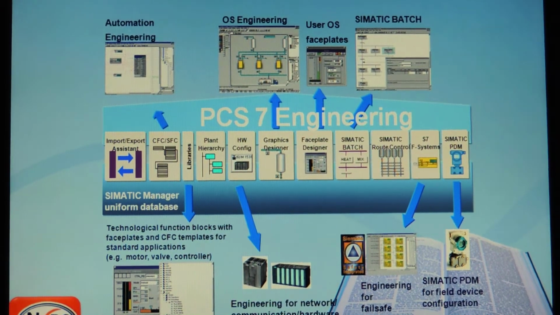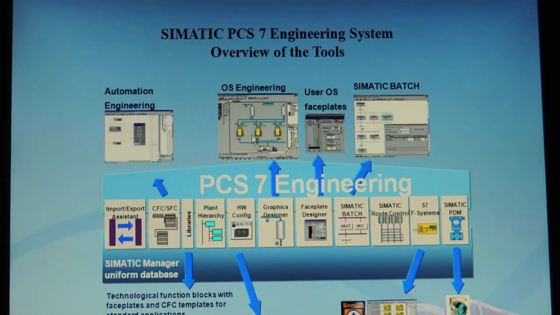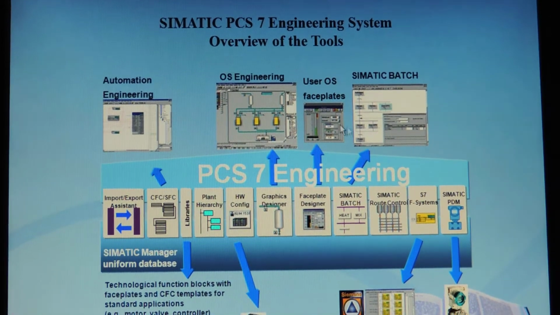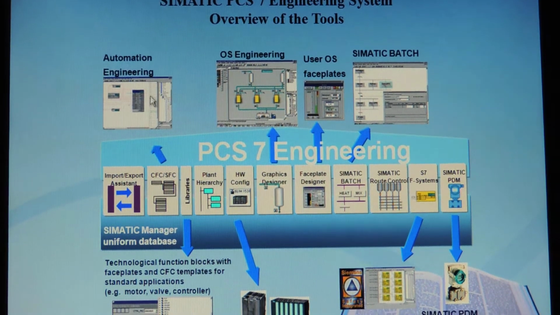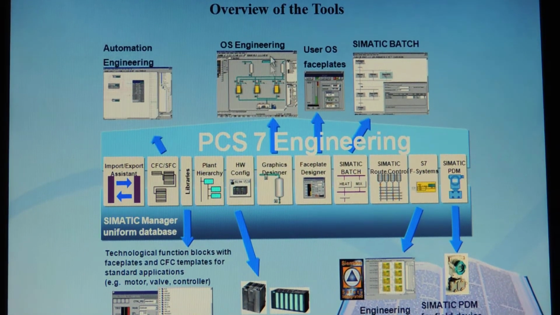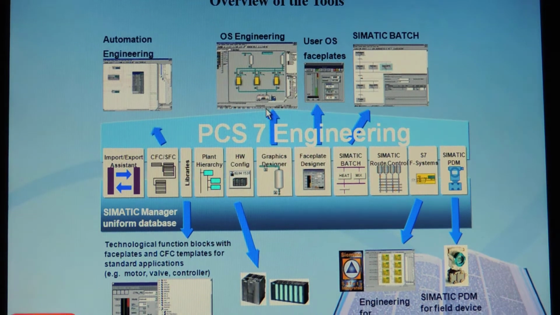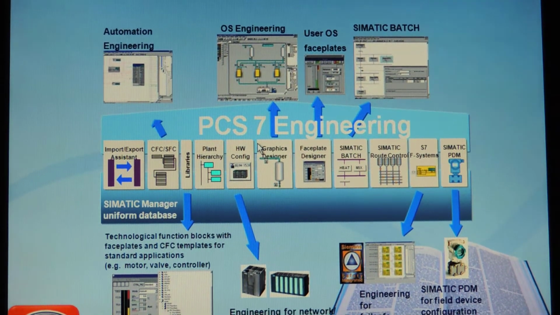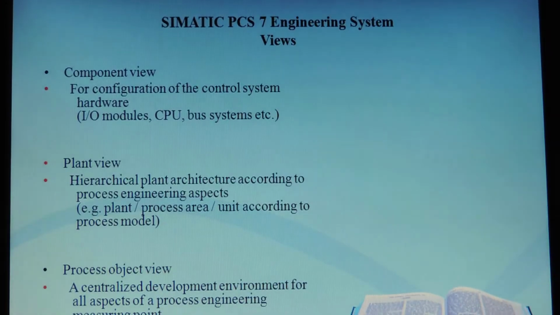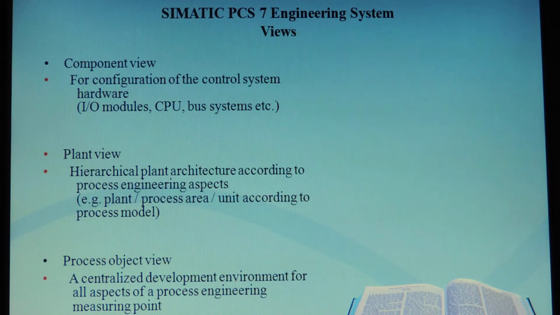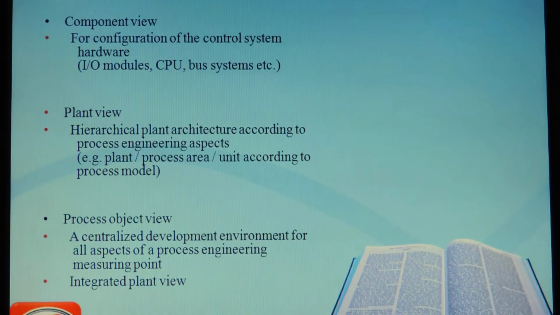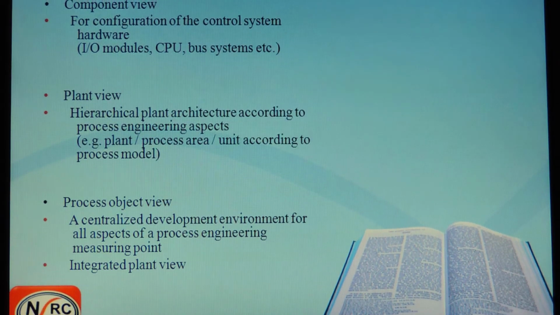Now, in this slide, we are going to discuss the tools of the engineering station. See, this is the automation station and operating station. In your engineering station, again we have three types of components: first one is component view, second one is plant view, and third one is process object view.